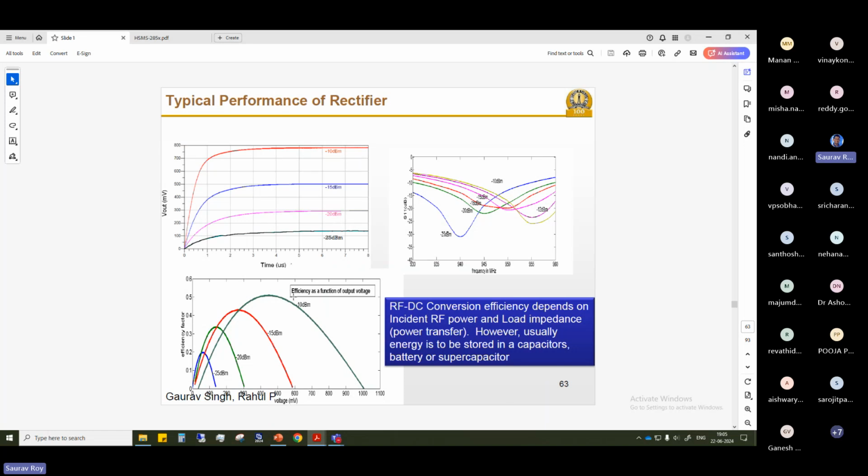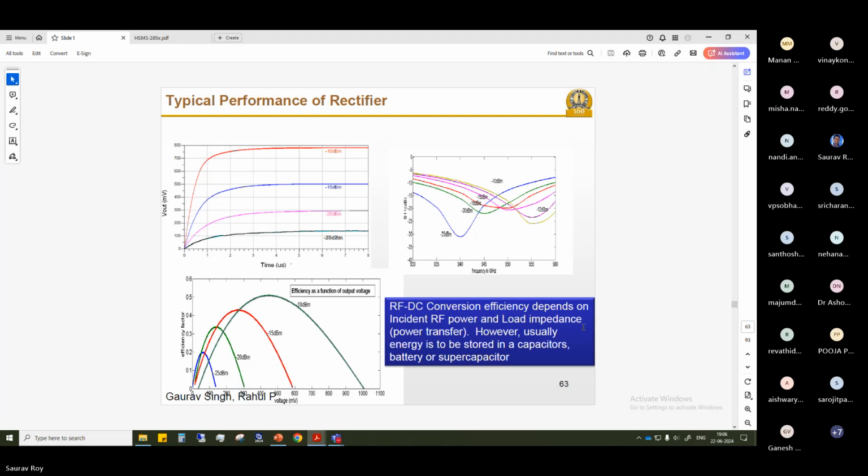Now if you see the performance, it is quite understood that the more the input power, the more your efficiency will obviously increase. So RF to DC conversion efficiency will mainly depend on the incident RF power and the load impedance.